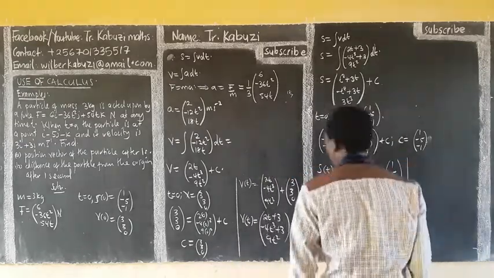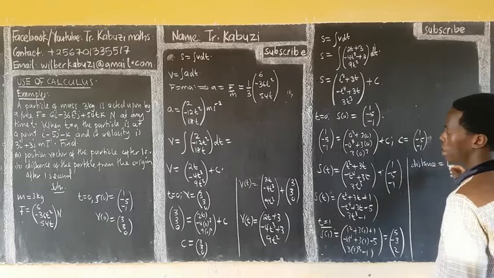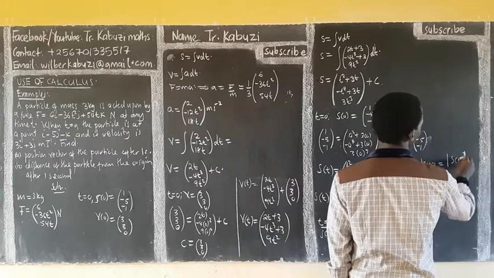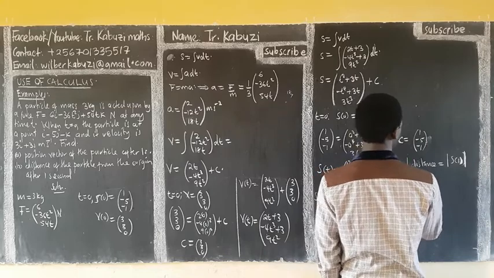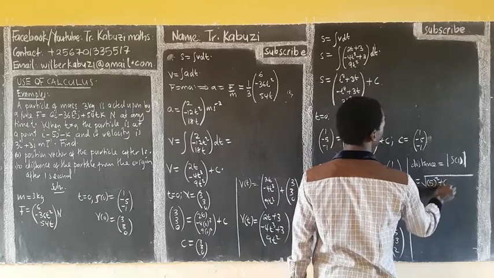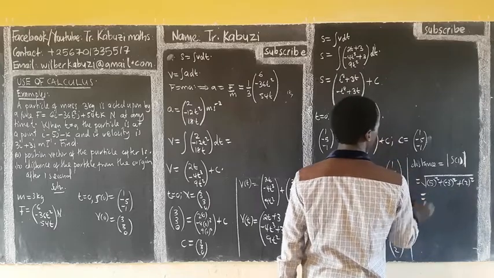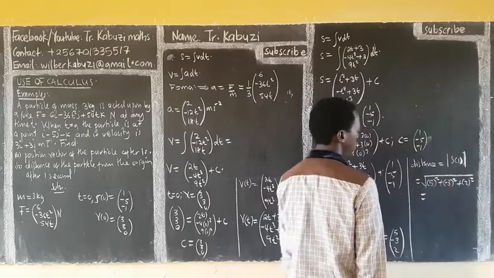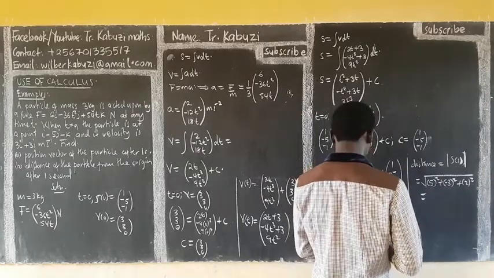Now remember, distance is equal to the magnitude of s at 1. So this is the square root of 5 squared plus negative 3 squared plus 2 squared: 25 plus 9 is 34, plus 4 is 38. Root 38.